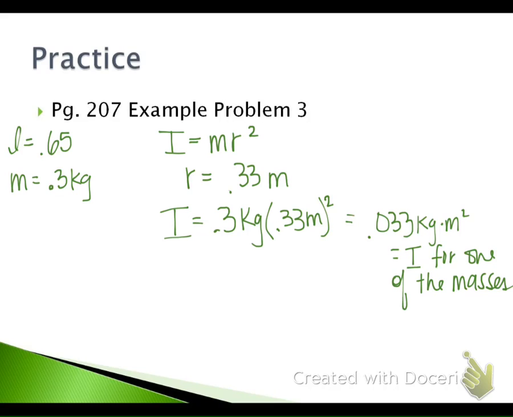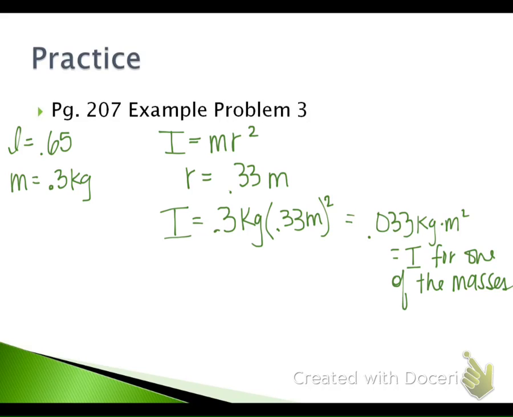How do we find moment of inertia for the other one? Yeah, we do the exact same thing. The moment of inertia should be the same for the left side as it is for the right side. There's nothing different about that rod. So if we want to find moment of inertia of the entire object, all we need to do is multiply this by 2. If you look at your book, it says find the moment of inertia of the baton itself.